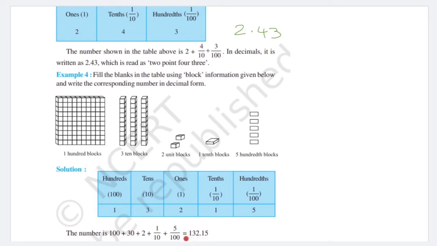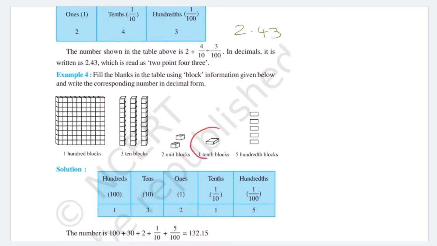The number will be 132.15. If you write it in fractions, you will write 100 plus 30. See this whole thing. This whole is a 100 block. So you write it as 100. And this is tens. 3 are there. So this will be 3 tens, that is 30. 3 into 10 is 30. And here 2 unit blocks you have, 2.